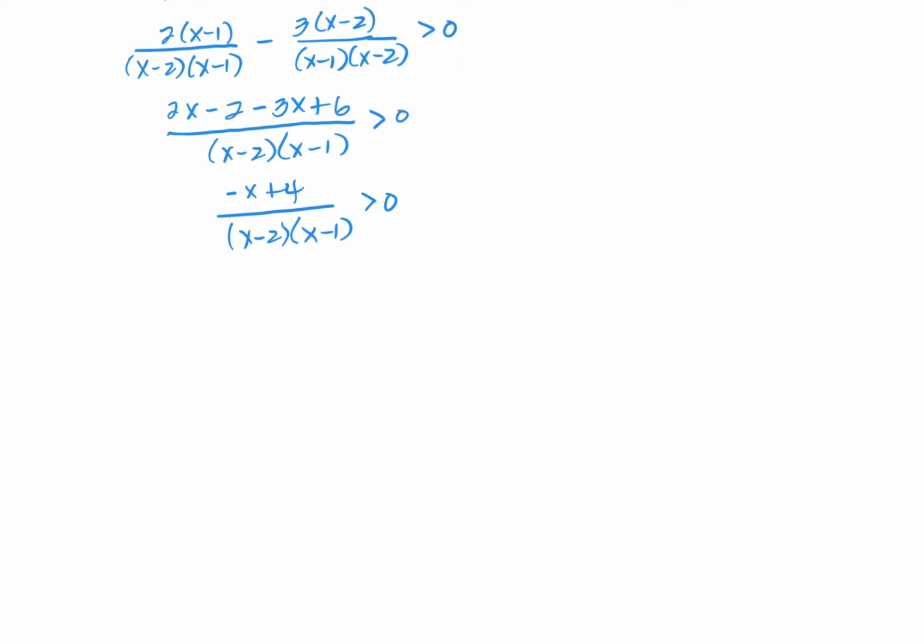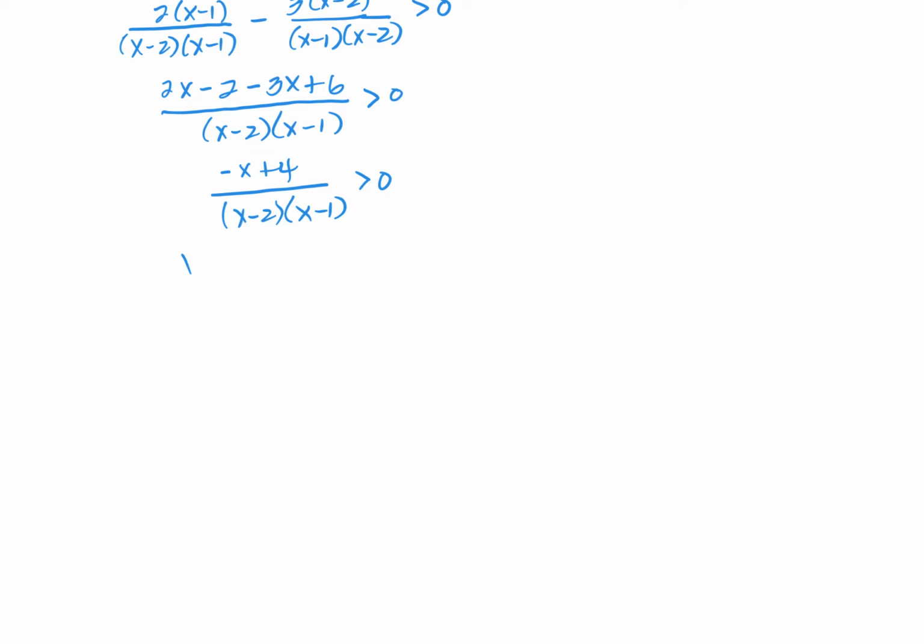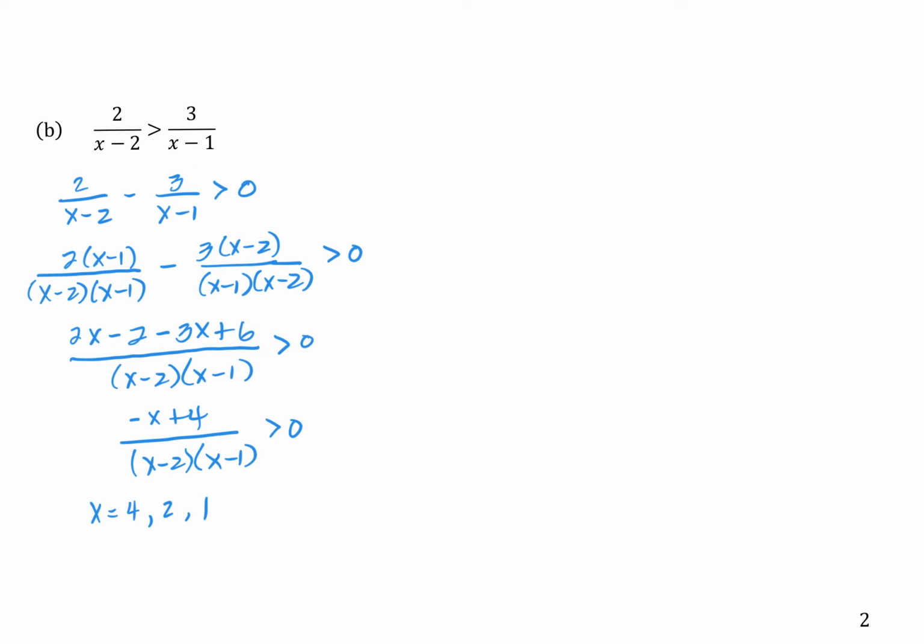In the numerator, if I use x equal to 4, that will be 0. X minus 2 if x is equal to 2. X minus 1 if x is equal to 1. So 4, 2, and 1, those are the values that we're going to use to break up our number line in the order that they appear, which would be 1, 2, and 4.